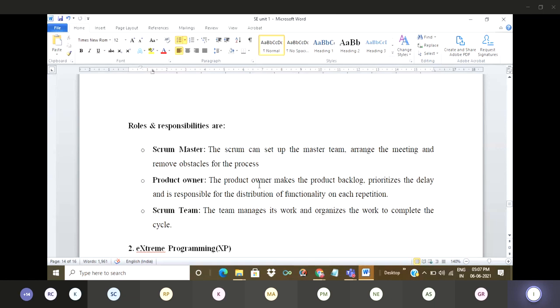The last principle is at regular intervals, the team reflects on how to become more effective, then tunes and adjusts its behavior accordingly. These are the principles of agility.